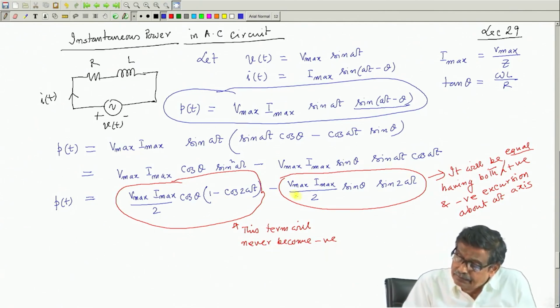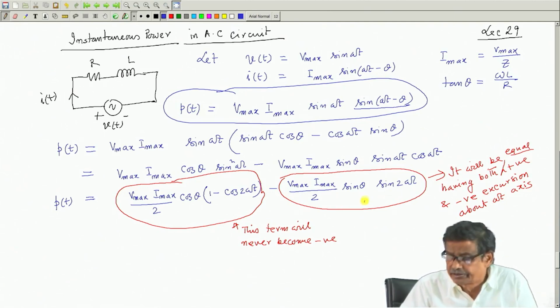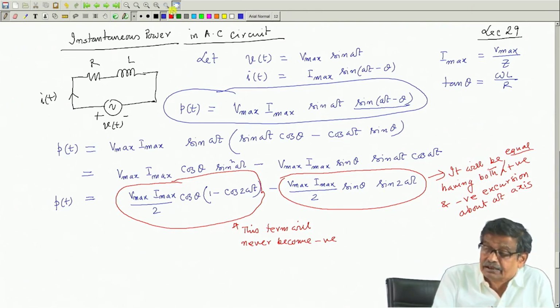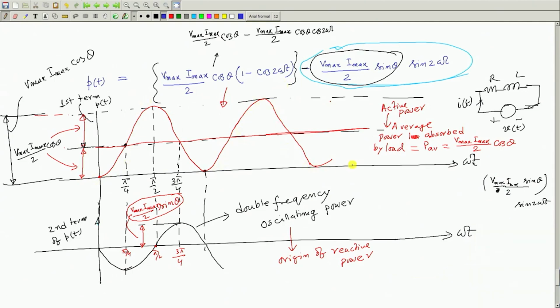And there is another term, which is also a double frequency term, and this will have identical positive and negative excursion. So, the average value of this quantity is 0, no doubt about it. If I sketch this waveform, the first term I have sketched, and as expected there was no negative value of this first term, it will be 0, oscillating no doubt.